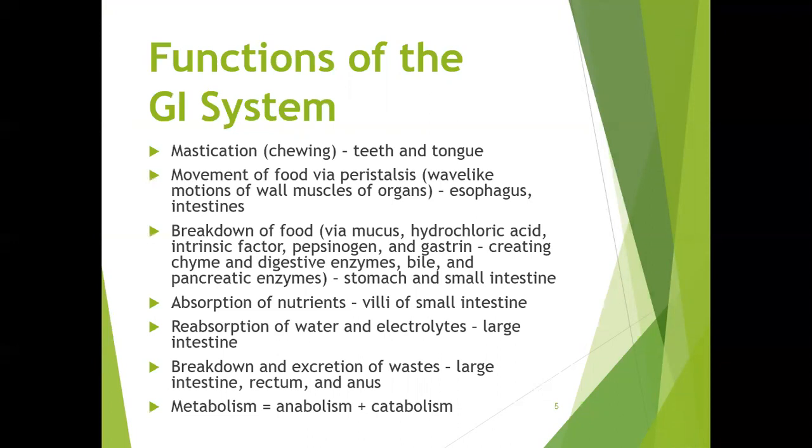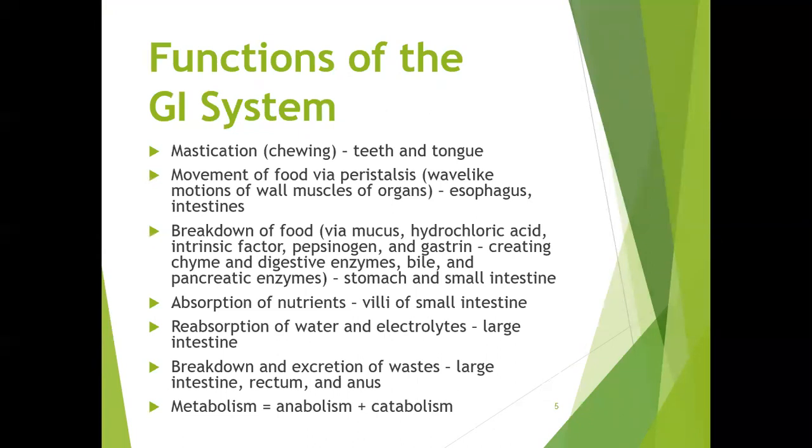The breakdown of food via mucus, hydrochloric acid, intrinsic factor, pepsinogen, and gastrin creating chyme occurs in the stomach, and the breakdown of food by digestive enzymes, bile, and pancreatic enzymes occurs in the small intestine.